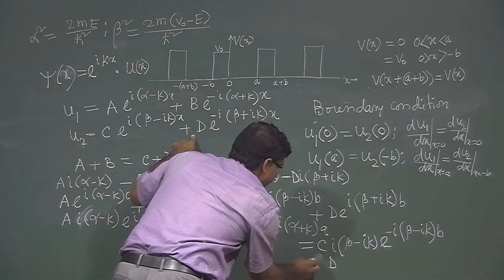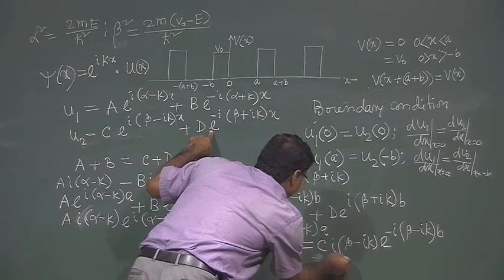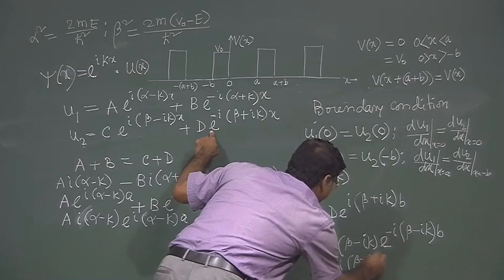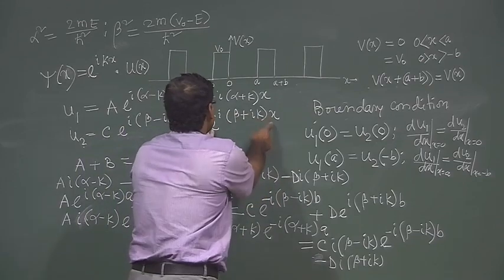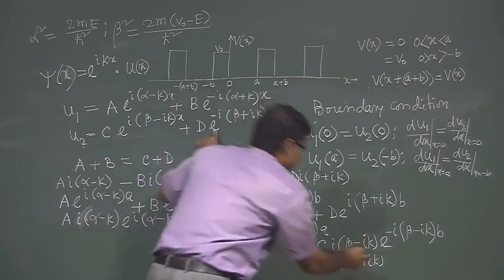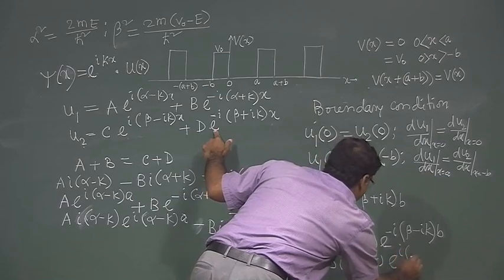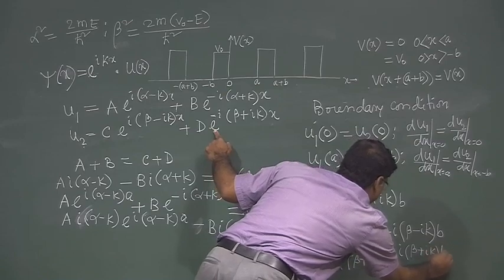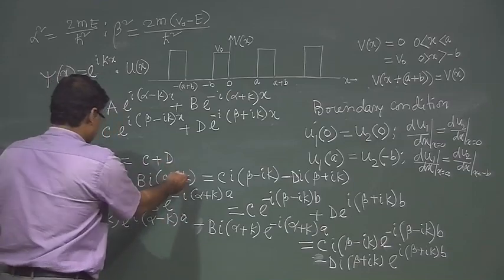So it will be minus d i beta plus i k, then this term I have to put minus b. So it will be plus e to the power i beta plus i k b, right.